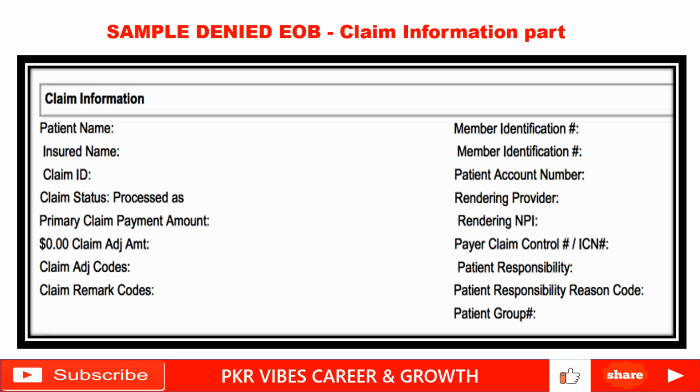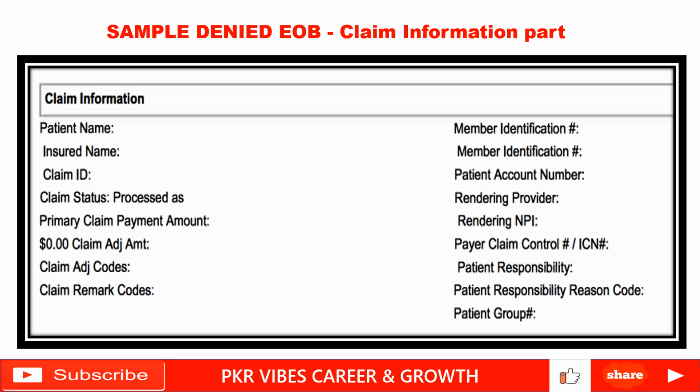And the rendering provider details. The rendering provider is nothing but who is giving the services to the patient. So the specialist who is giving the treatment to the patient, that doctor is known as the rendering doctor. And the rendering NPI number.